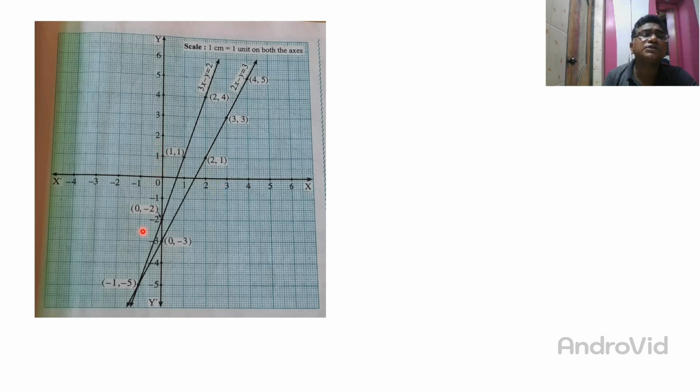Here is the first value I have written for the equation 3x minus y is equal to 2, given in the table: x value is minus 1 and y value is minus 5. I first keep the cursor here and find where minus 5 is. I search for minus 5 and get it, and so I plot the point minus 1, minus 5.